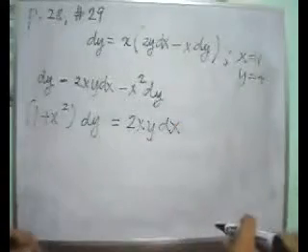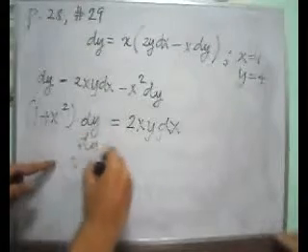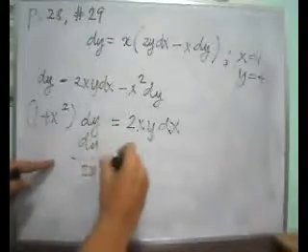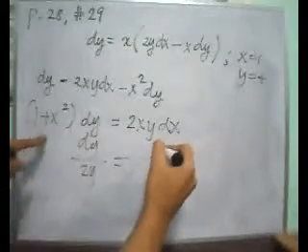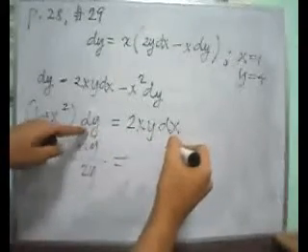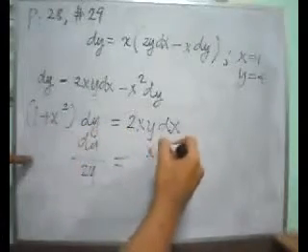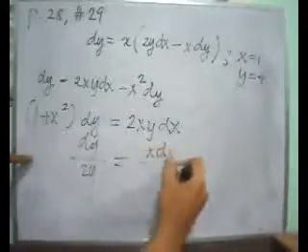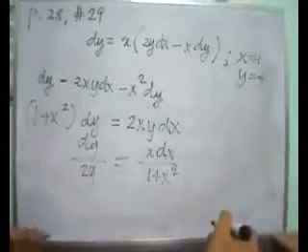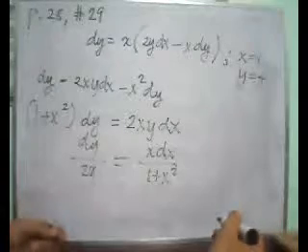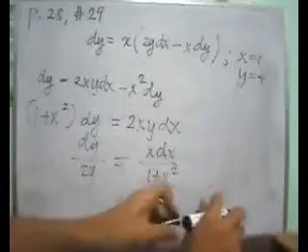Okay, now we have a separable equation, dy over 2y equals x dx over 1 plus x squared. Okay, by simply integrating both sides, we can now get the solution of this differential equation.